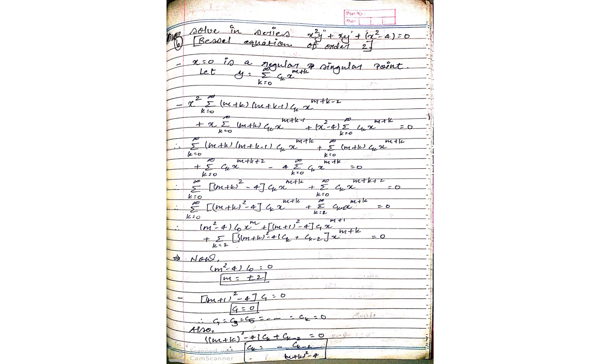Now in the very first step you have to decide whether it is an ordinary point or a singular point. So first check it by using its procedure: first we have to find p of x and q of x.